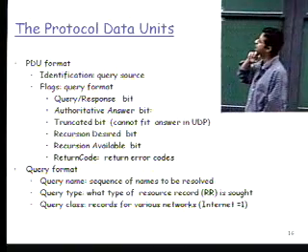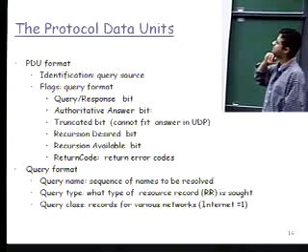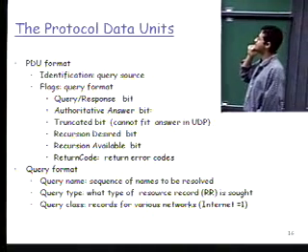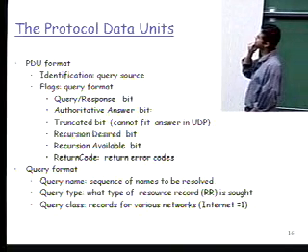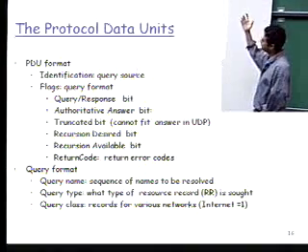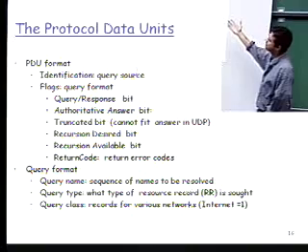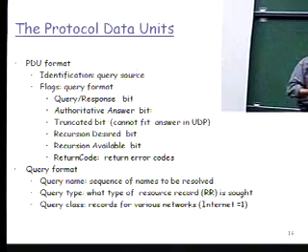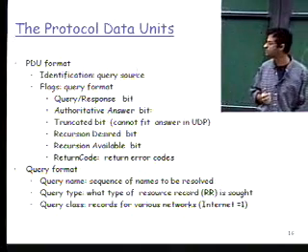So the PDU format for DNS has the identification, which is the query source, and flags associated with the query: whether it's a query or a response, whether the answer is authoritative or it's coming from some caching name server.